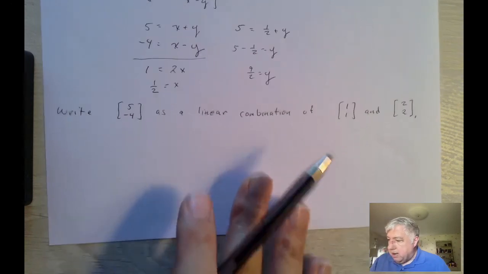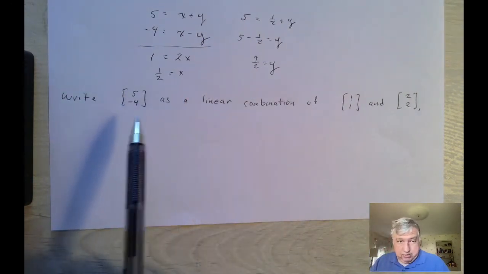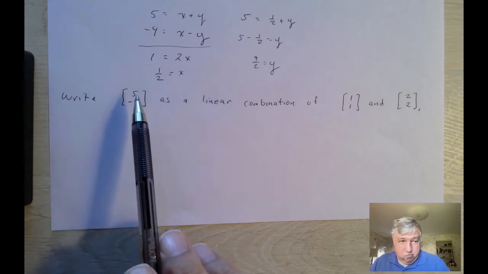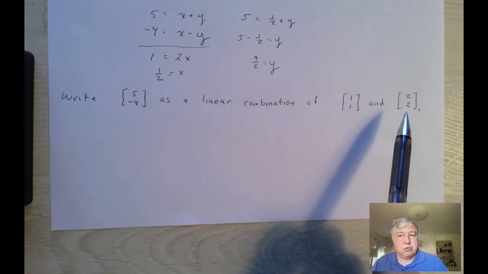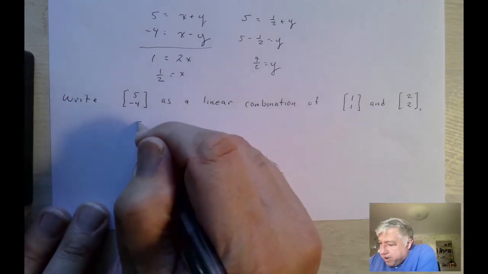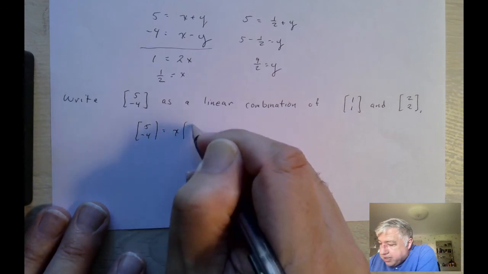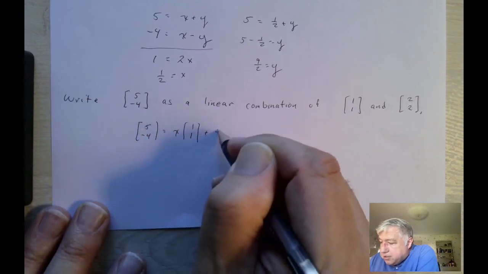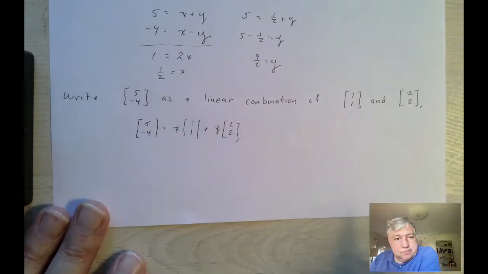Now, you can't do this with any two vectors. For example, we can't write 5, negative 4 as a linear combination of 1, 1 and 2, 2. The reason is that if we did, we'd have 5, negative 4 equals some number x times 1, 1 plus some number y times 2, 2.